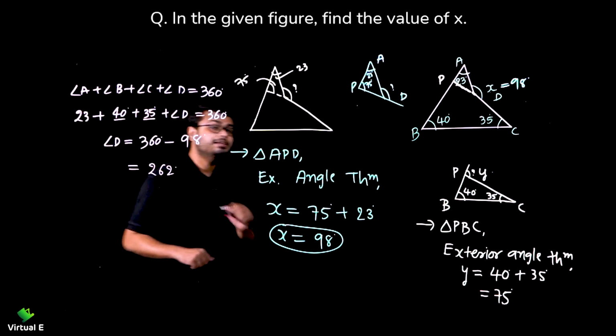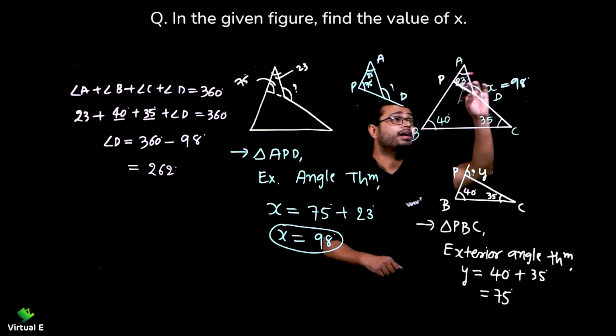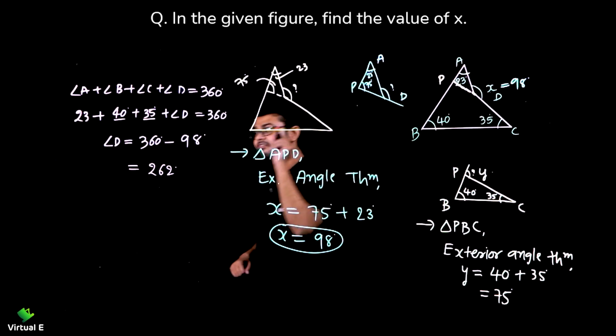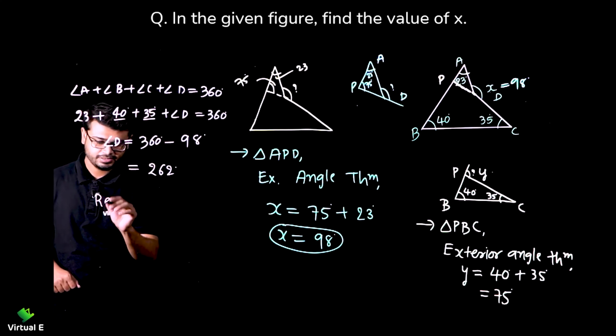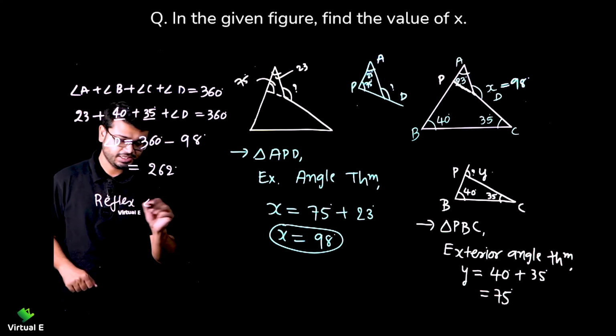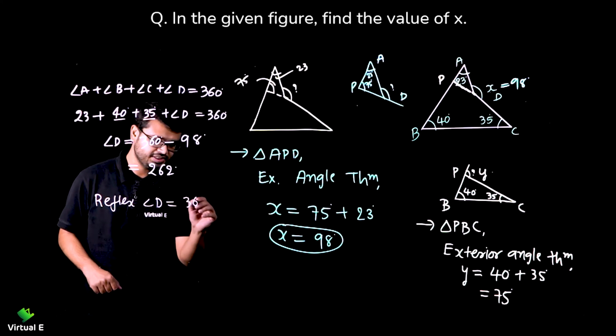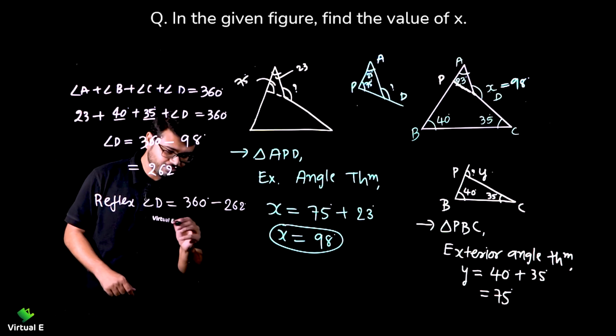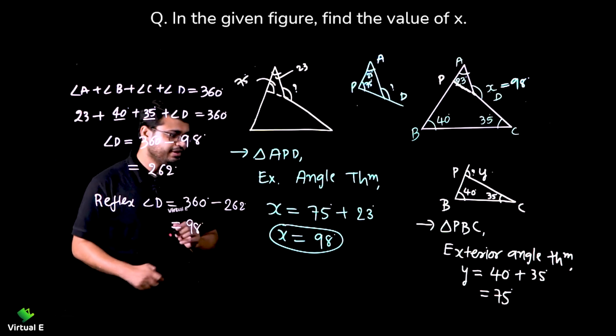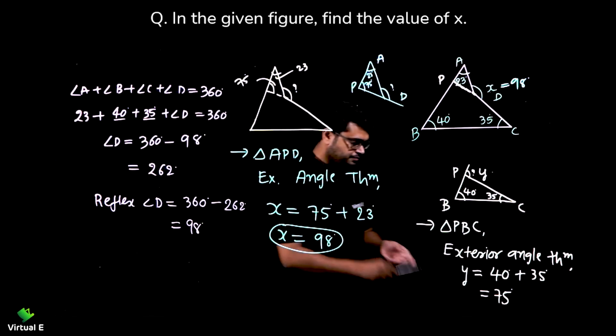Now this is the angle D, but we want to find this one. So that will be reflex, right? Reflex, so we need to find the reflex angle D, that is 360 degree minus 262. So basically that will be what? 98 degree, right?